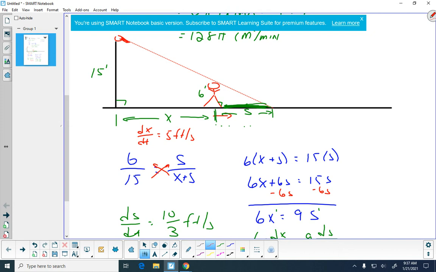How fast is the tip of the shadow moving? He walks away from the pole at a speed of 5 feet per second.